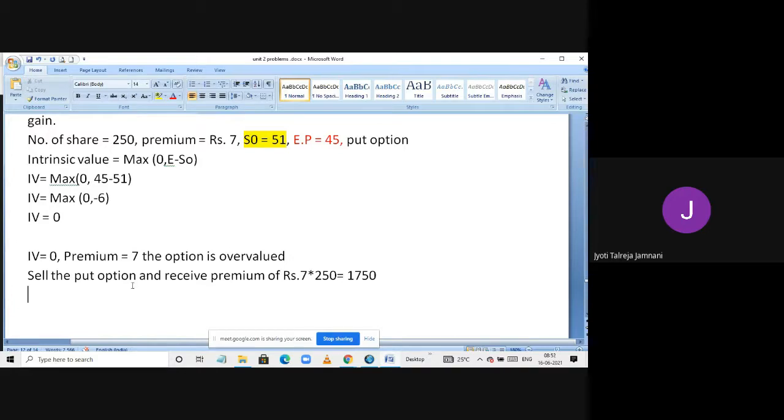So here, next step we will write, as the intrinsic value is 0, the option gets lapsed. Therefore, arbitrage gain is full rupees 1750 premium.